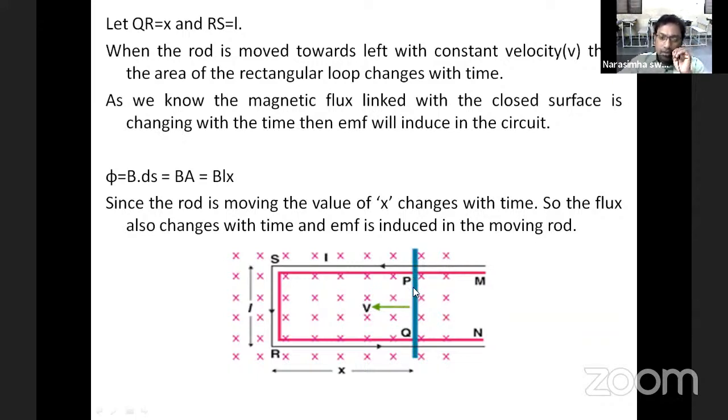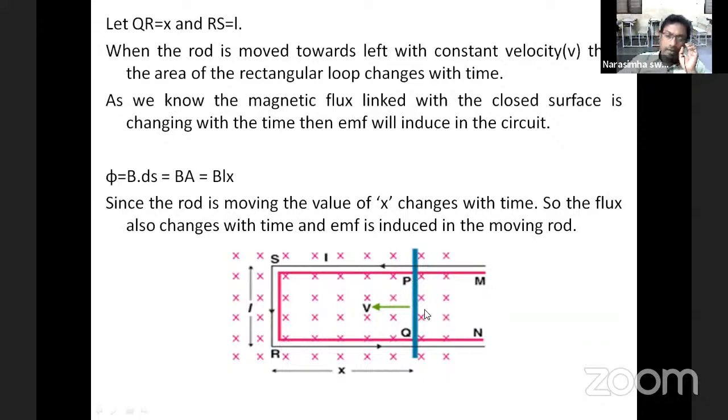The remaining pink thick line is nothing but a closed circuit, another metallic frame, with conductors connected like this. Then this is a closed loop now.